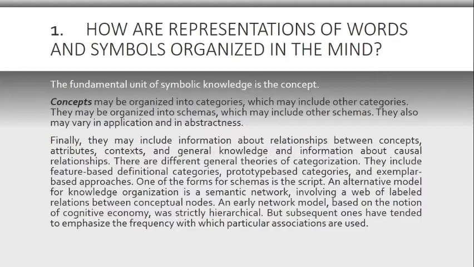They may be organized into schemas, which may include other schemas. They also may vary in application and in abstractness. Finally, they may include information about relationships between concepts, attributes, contexts, and general knowledge and information about causal relationships.